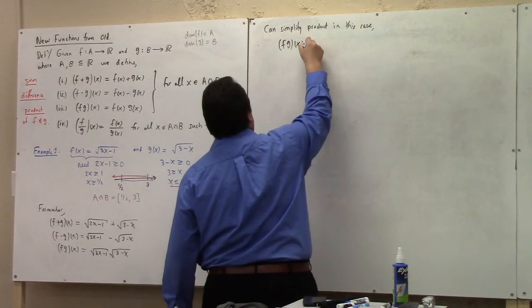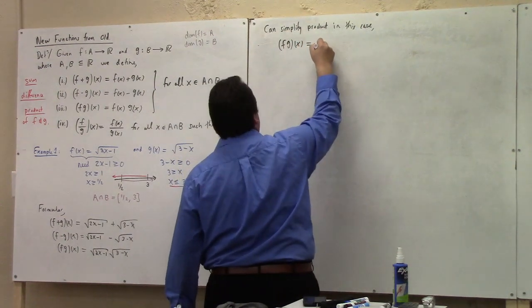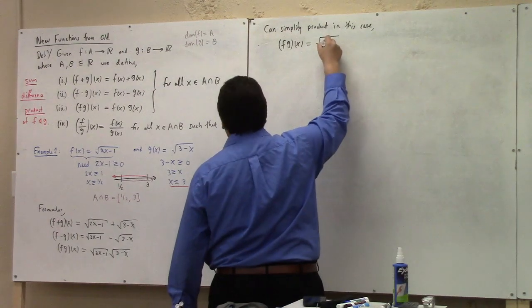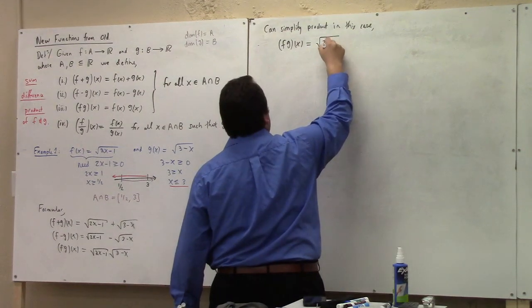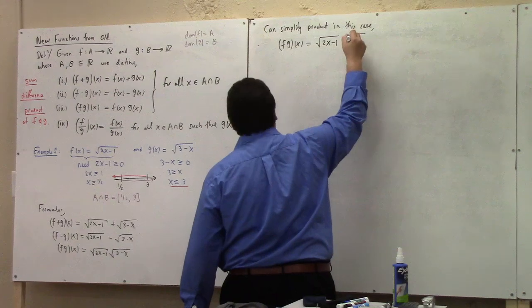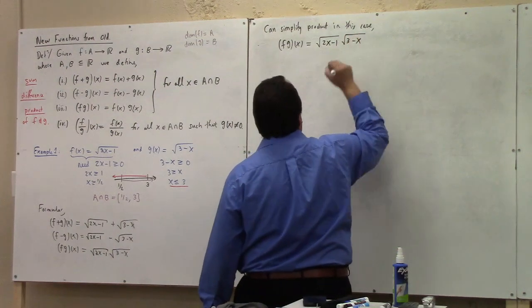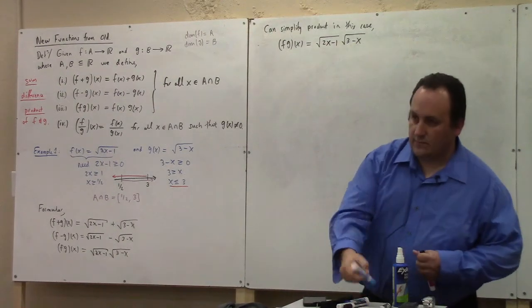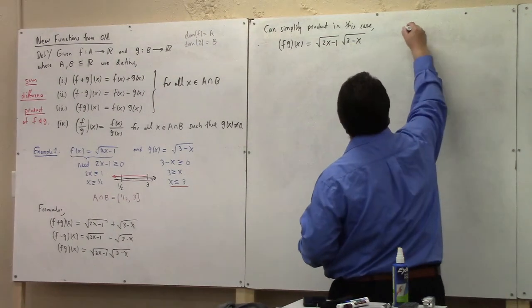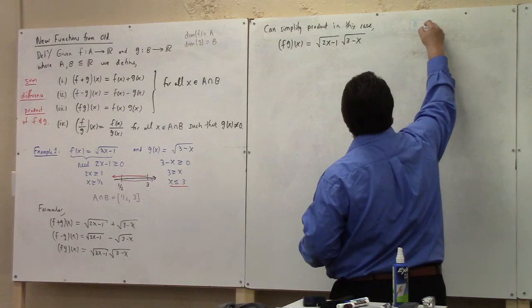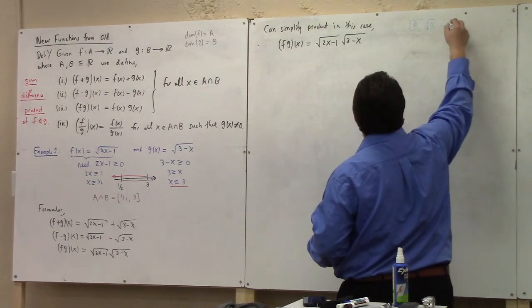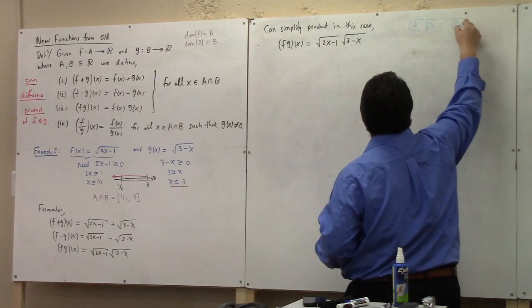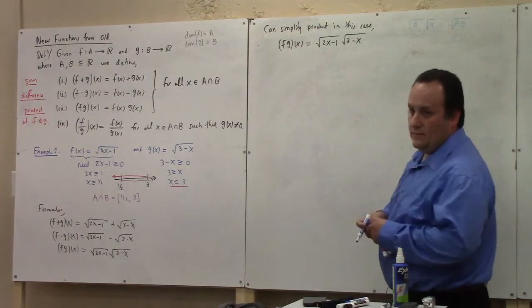If I wanted you to simplify it in a given problem, I'd tell you. So what can we do? If we got the square root of 2x minus 1 times the square root of 3 minus x, what can we do? Did you know this algebra? Square root of a, square root of b is what? Square root of ab, right?